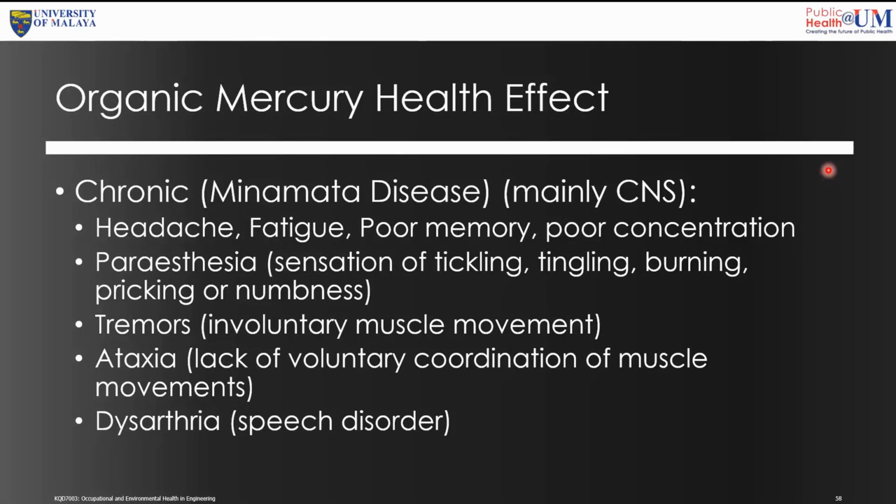So you get all this funny sensation most of the time in your hands and your feet. Tremors, when your muscles have involuntary movement, ataxia, lack of voluntary coordination of muscle movement, and dysarthria, where because of the effect on the central or peripheral nervous system, you are unable to talk properly.